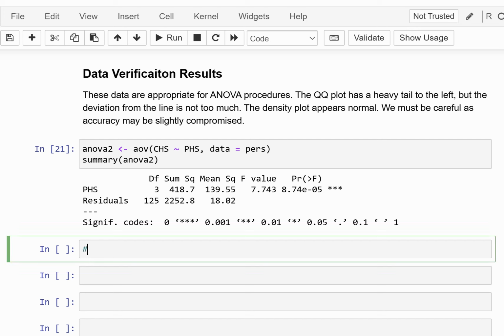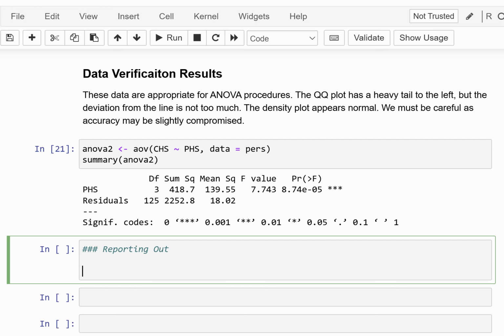And so what do we get when we do our reporting out? We're going to say we reject the null due to the fact that P is equal to, and again, 10 to the negative fifth, that means the first non-zero entry is 5 decimal places to the right.